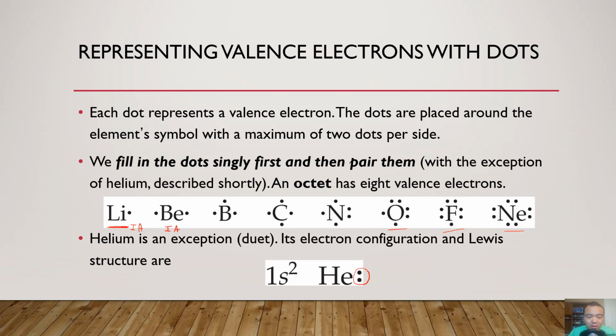The reason is that helium is forming a stable structure, which is called a duet. For helium, a 2-electron outermost configuration is very stable. But for the other noble gases, you will see an 8-electron outermost configuration as the most stable structure.